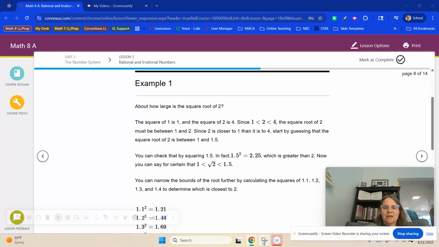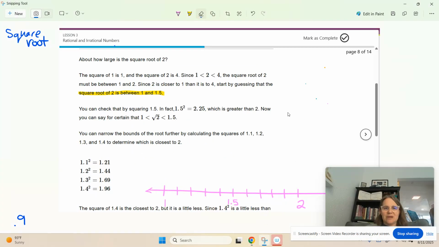All right. So the first thing I want to do here, it says about how large is the square root of 2. I want to remind you that what we're doing here is called approximating.